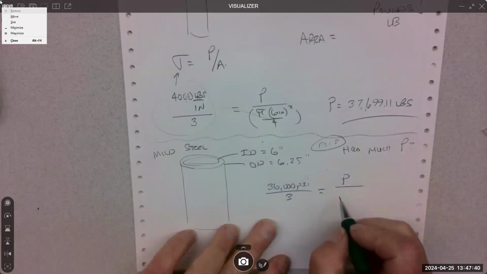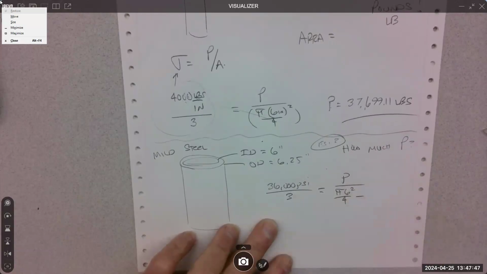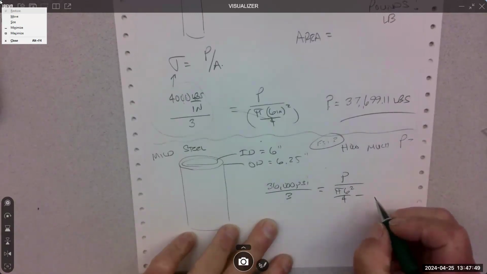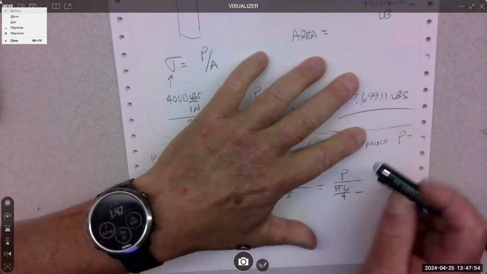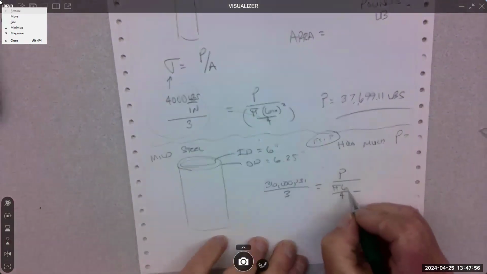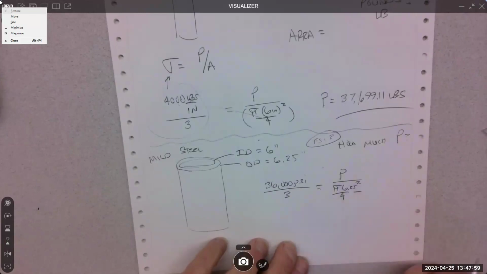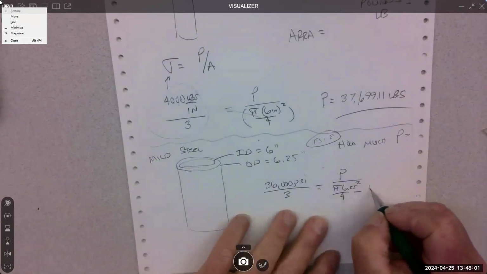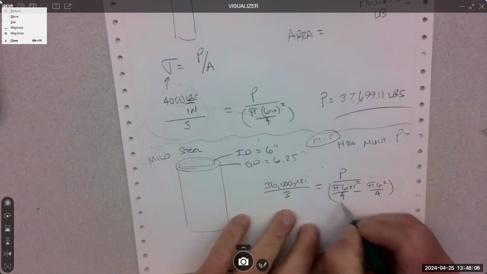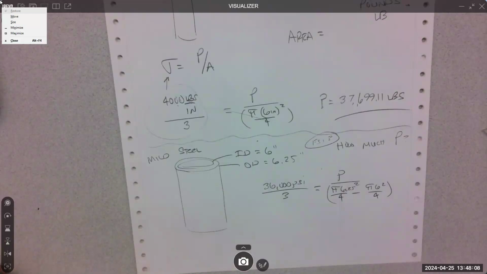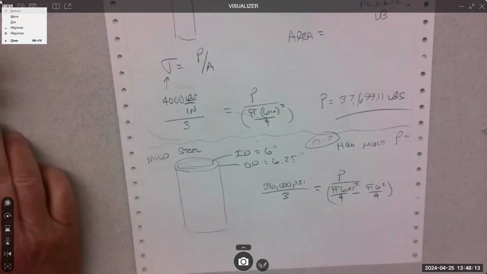So you take the outside area, pi times 6.25 squared over 4, and subtract the inside area, pi times 6 squared over 4. You take one area, subtract the other to get the area of the steel.